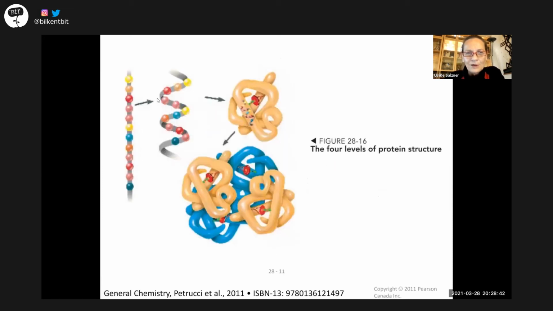Now, this whole alpha helix, which is shown here in different colors, curls up in yet another three-dimensional shape. And this is the tertiary structure of proteins. This is also very labile. It is very heat sensitive, and usually around 30, 40 degrees, you're already destroying it. This is why enzymes cannot tolerate any heat.